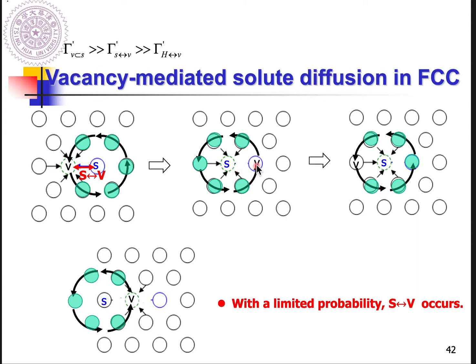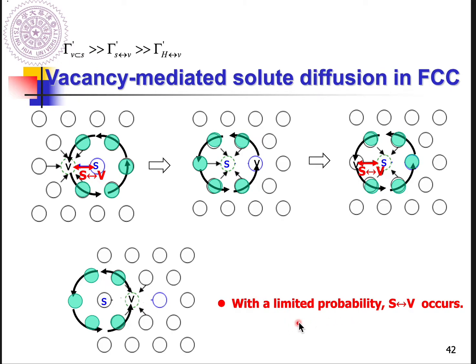And after probably 1,000 jumps, there is also 1 jump between the solute and the vacancy, and then you can observe the solute becomes here. So from this, based on these figures, you observe that diffusion happens for the solute atoms because of the jumping process between the solute and the vacancy.